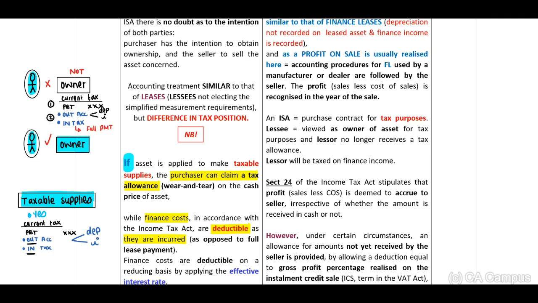In a normal transaction, we have identified that we may deduct our full payment. Now they indicate to us, in an installment sale agreement, guys, are you with me on this? This is now the owner, and yes, the asset is used to supply taxable goods.